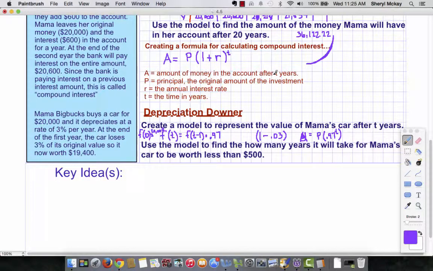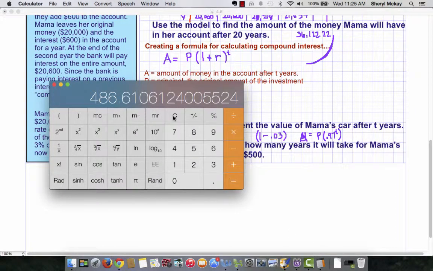Well, what did you find out? It took me a while, but I just kept trying different numbers, and I got to 100 years. I took 0.97 to the 100th power, and then I multiplied that times 20,000, and I got that the car was going to be worth $951.